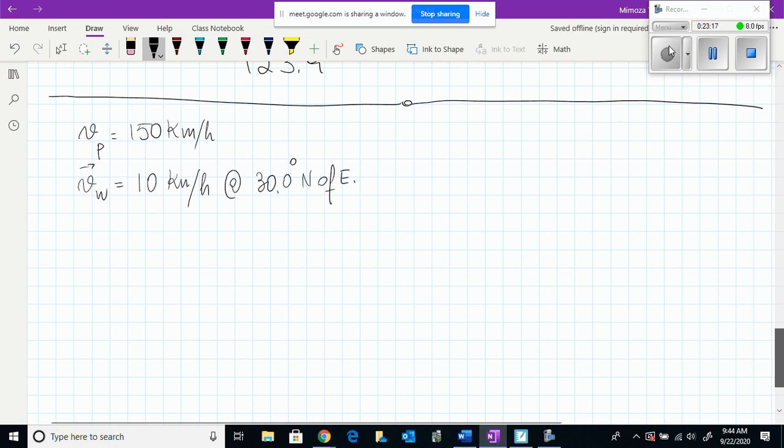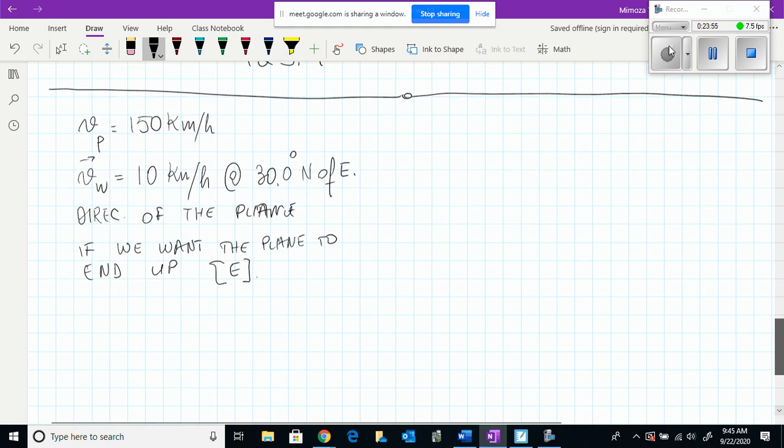Now, what is the direction of the plane going to be, if, I will switch the direction from the previous one, we want the plane to end up, let's say, east.